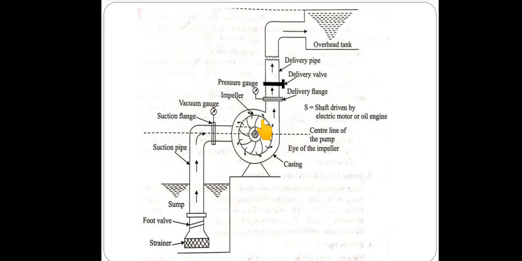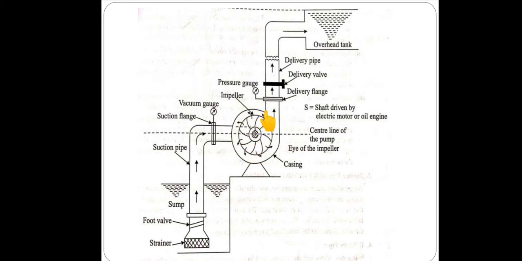Now, when we switch on the motor, the impeller starts to rotate. When it starts to rotate, it creates suction in the casing. Suction means vacuum in the casing, and vacuum means pressure lower than atmospheric pressure.